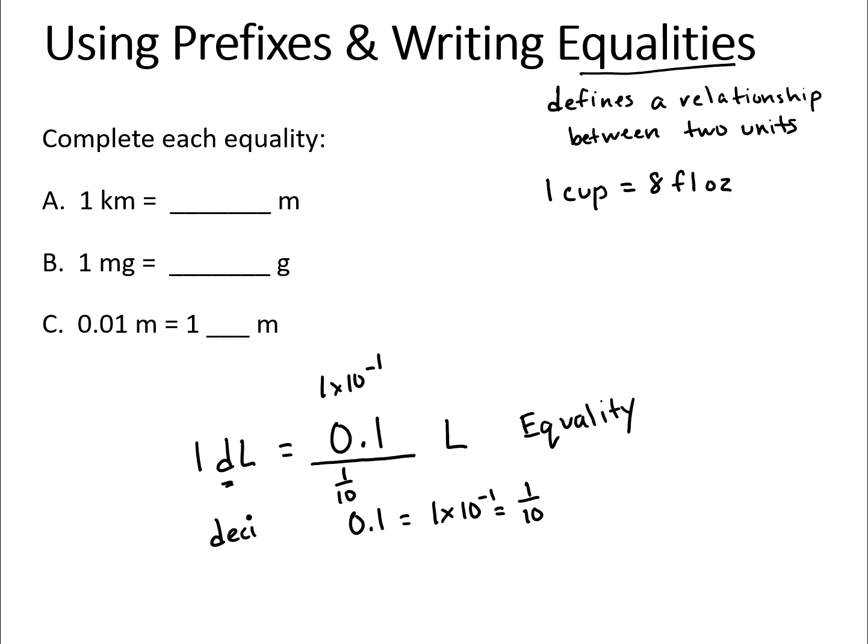So let's try to go through these, and I hope you have the chart by now. For A, we have 1 km. What does the K stand for? K means kilo.